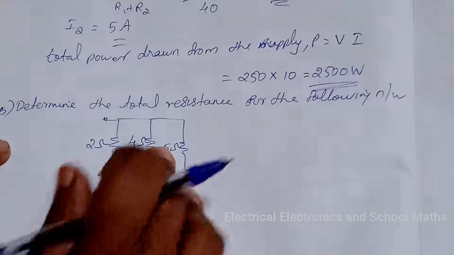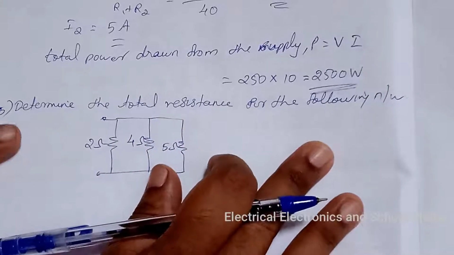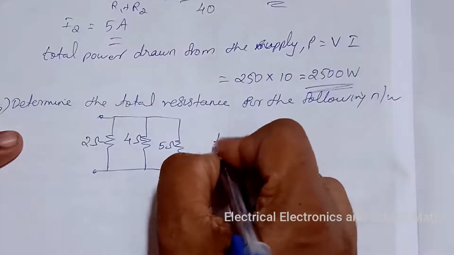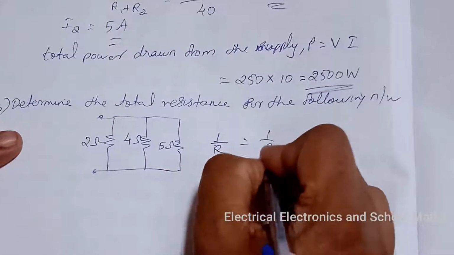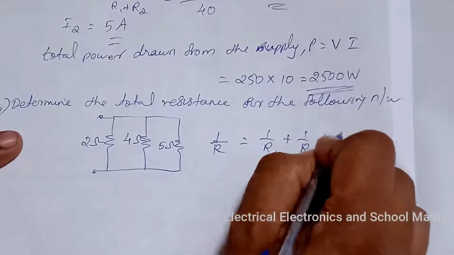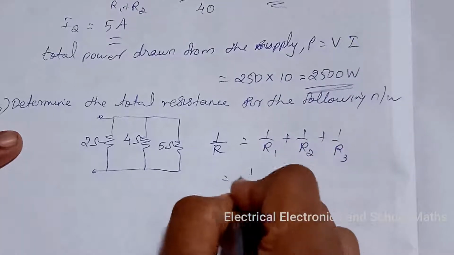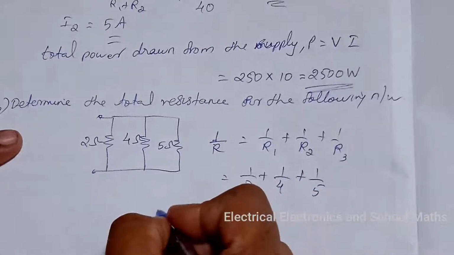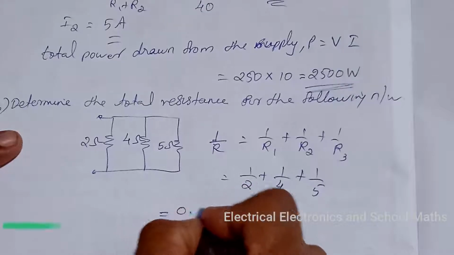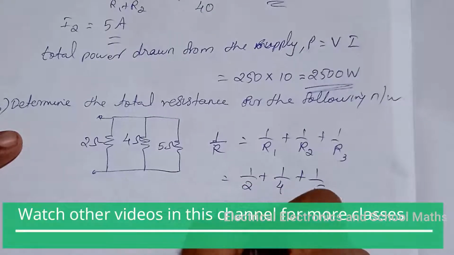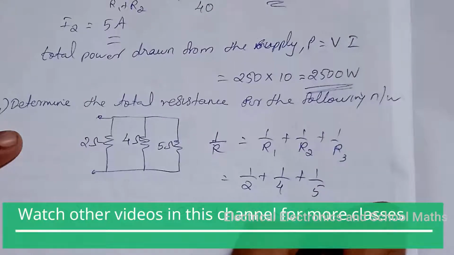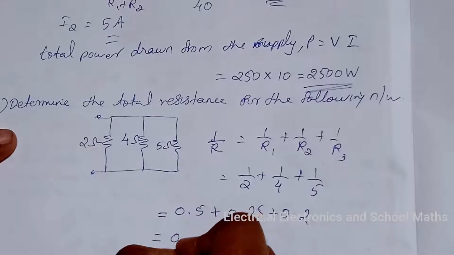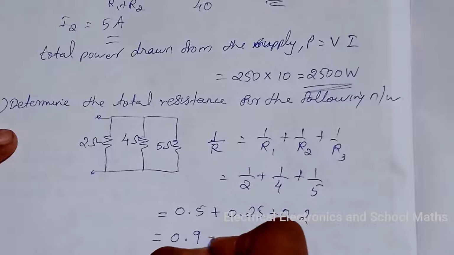Next problem is to determine the total resistance for the following network. This is a parallel circuit, so for the total resistance, 1 by R is equal to 1 by R1 plus 1 by R2 plus 1 by R3, that is equal to 1 by 2 plus 1 by 4 plus 1 by 5, that is 0.5 plus 0.25 plus 0.2, equal to 0.95.